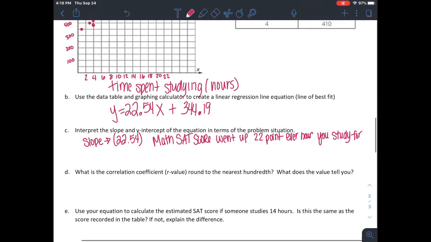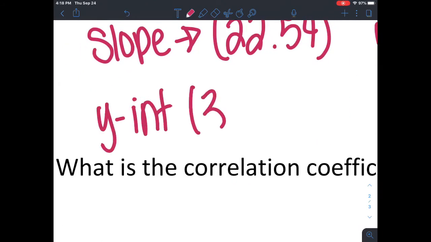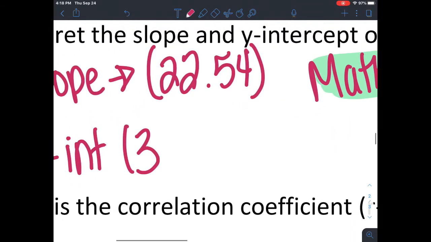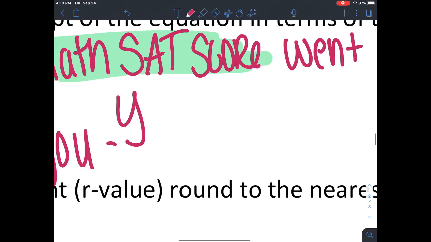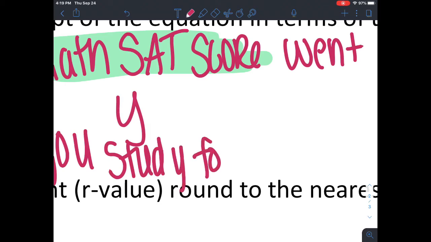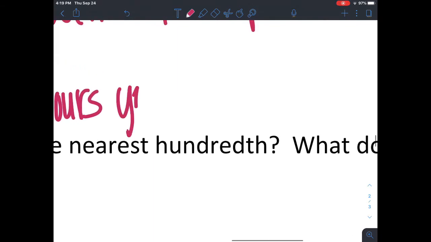Okay, so again, we have SAT score, hours you spent studying for, y value, x value, and the number is in the middle. And then for my y-intercept, which was 344, we'll just round to 344, we're saying that if you study for 0 hours, you will get a 344.